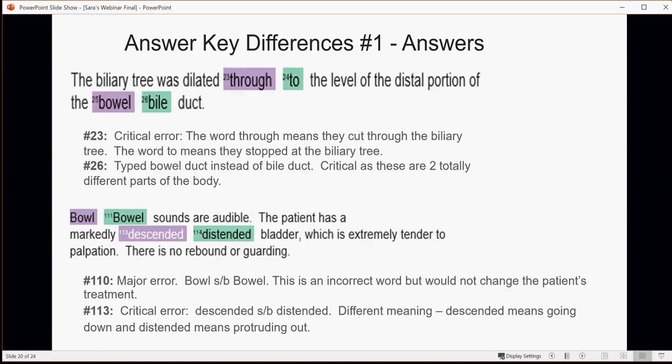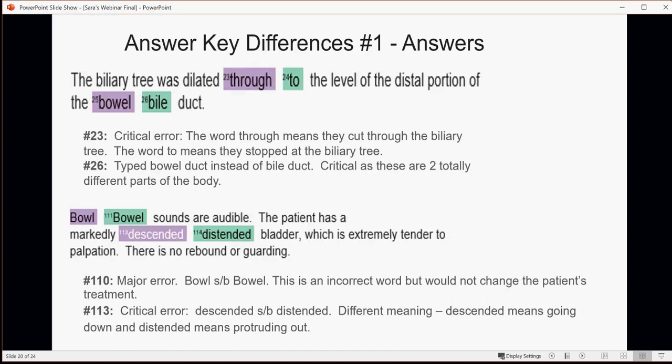Bowl instead of bowel sounds. Now, that would just be a major error. This is an incorrect word, but it would not change the patient's treatment. The doctor would probably realize, based on the context, that this would be bowel sounds are audible. He goes on to talk about the bladder and so on. It's probably in the physical exam.